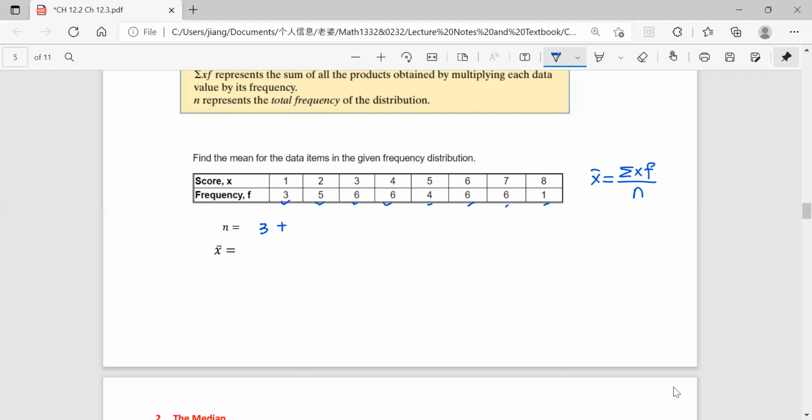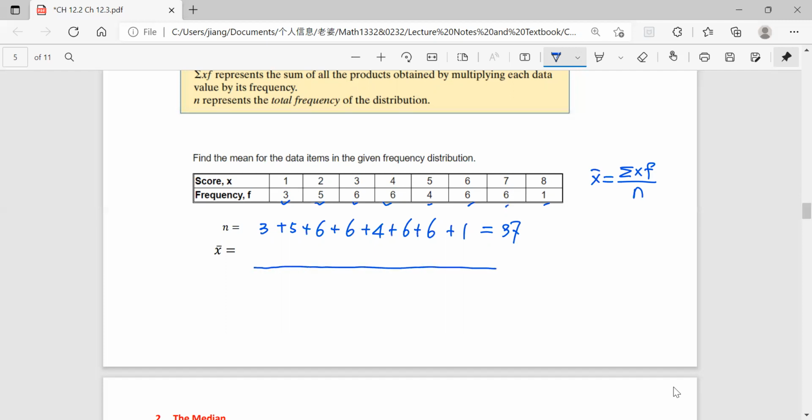So 3 plus 5 plus 6 plus 6 plus 4 plus 6 plus 6 plus 1 equals 37. So that's 37.